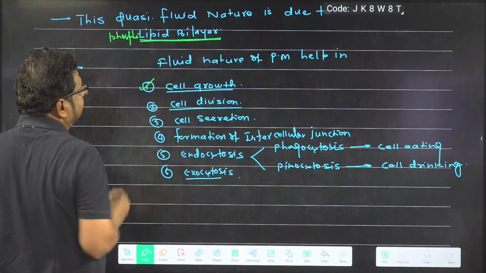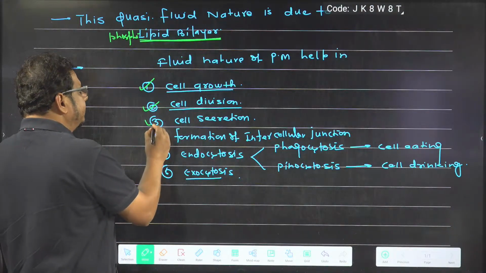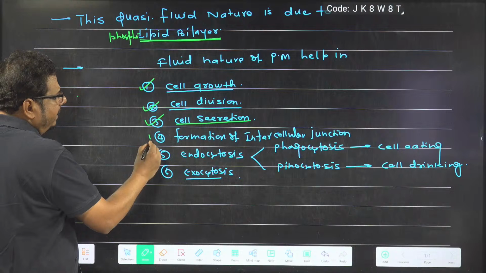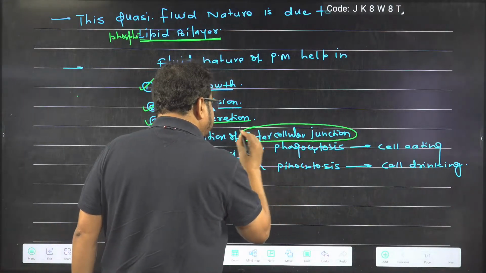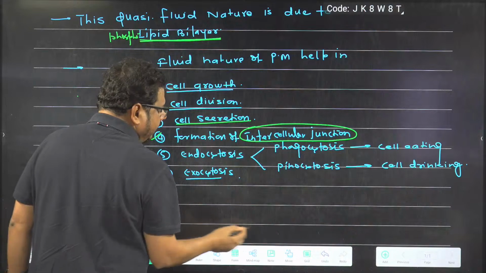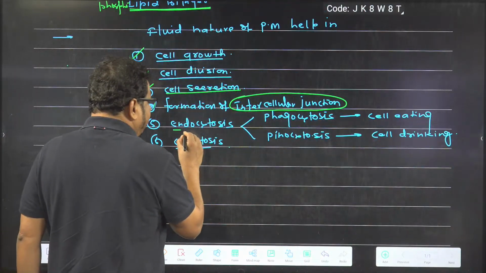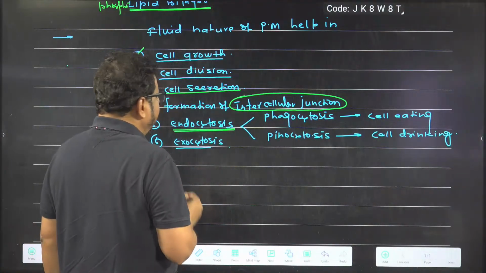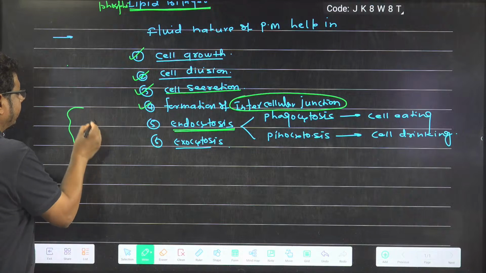Fluid nature helps in how many functions? Growth of the cell. It helps in cell division. It helps in secretion of any material from the cell. It helps in formation of intercellular junction. What is this? Zoology sir will tell you when they touch the animal tissue. It is helping in endocytosis. Endocytosis means taking anything inside the cell.